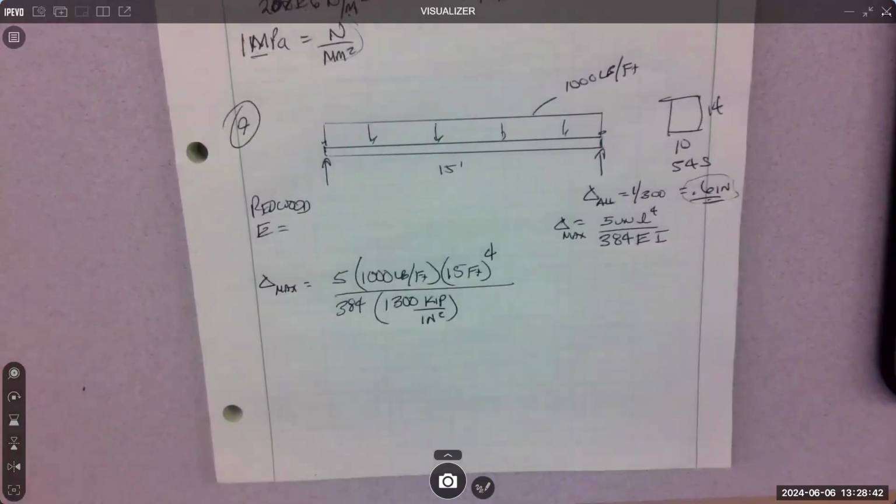And then what's I? We'll look that up. 10 by 14. The I value is 1950 inches to the fourth.